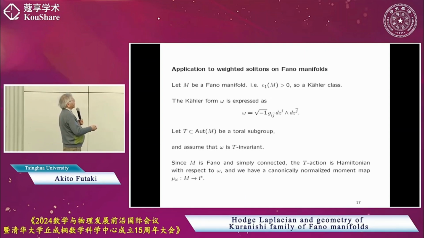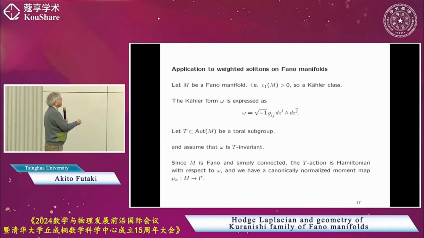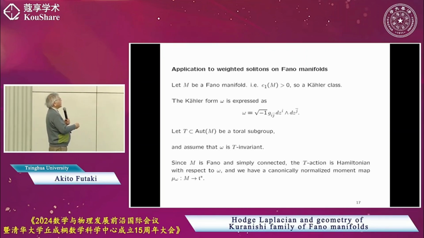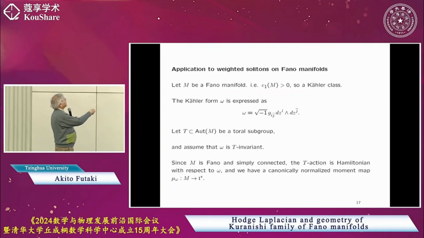And we have a canonically normalized moment map. What does canonically mean? If the symplectic form is the first Chern class of a line bundle, the moment map can be uniquely normalized by lifting to the line bundle. In this case, the anti-canonical line bundle has the class omega C1.